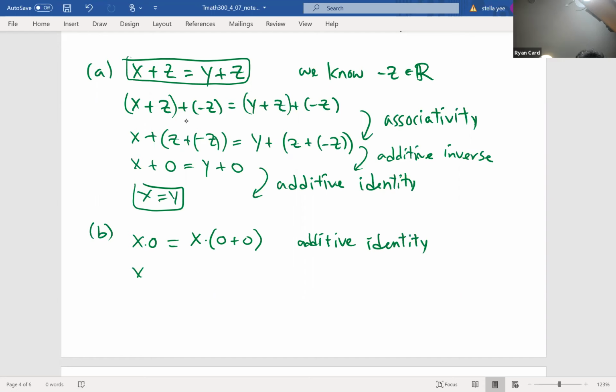And then I'm going to use the distributive property to distribute the x to both of these 0s. So x times 0 plus x times 0. Now, on the left-hand side, I'm going to add 0 to it.